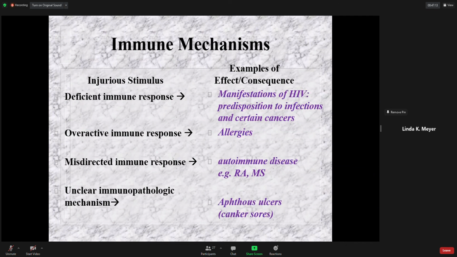So to reiterate, the injurious stimulus involves an immune mechanism which can be categorized as one of the four on the left, and the effect or consequence, the pathologic condition, is stated on the right.